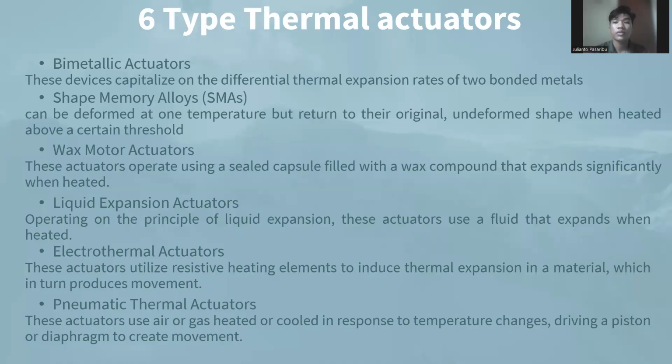Okay, next we can see six types of thermal actuator. Number one, bimetallic actuator. This device capitalizes on the differential thermal expansion rate of two bonded metals. Number two, shape memory alloys or SMAs.